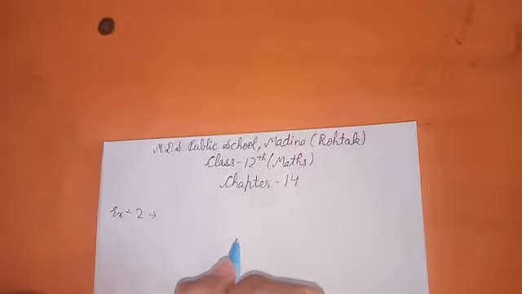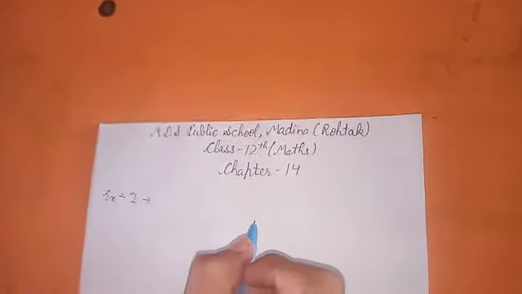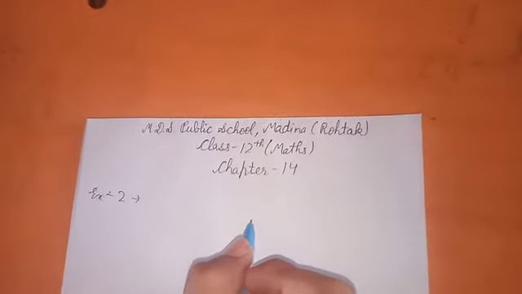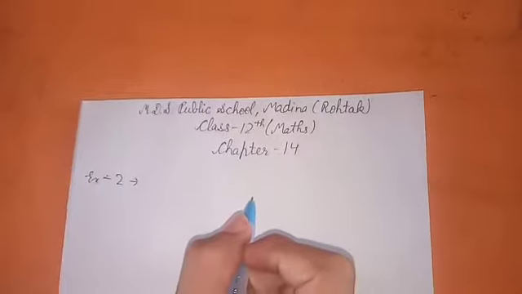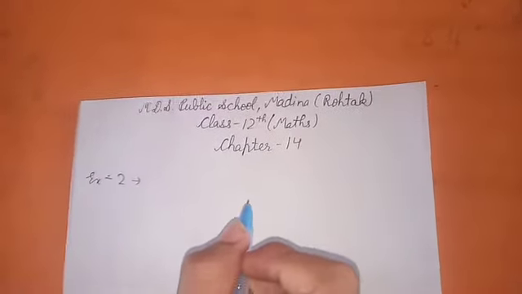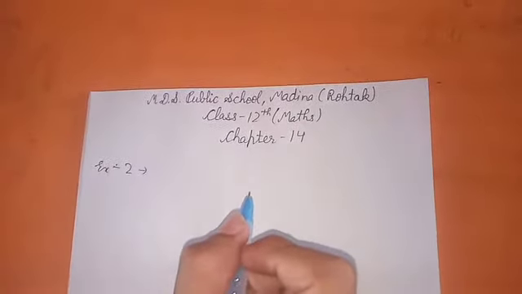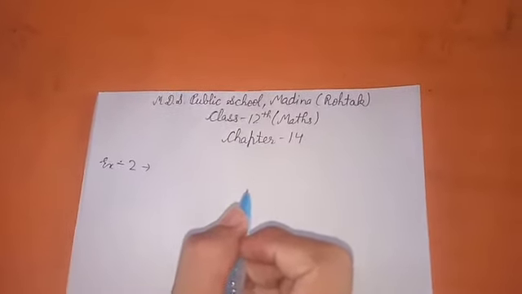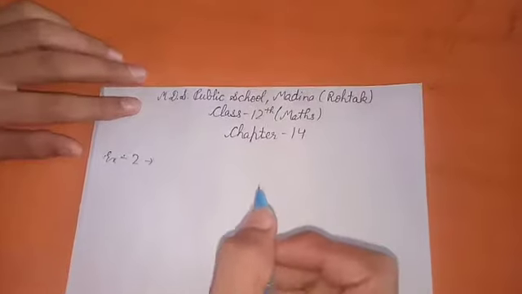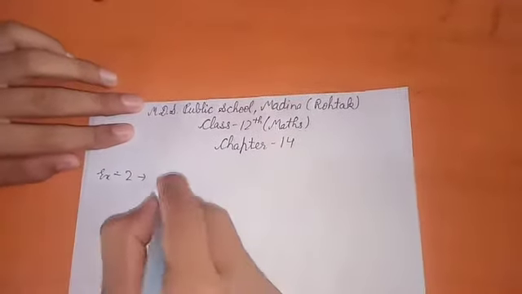A manufacturer makes two types of toys, A and B. 3 machines are needed for this purpose, and time in minutes required by each toy is given below. Okay, so a table is given to us in the question.